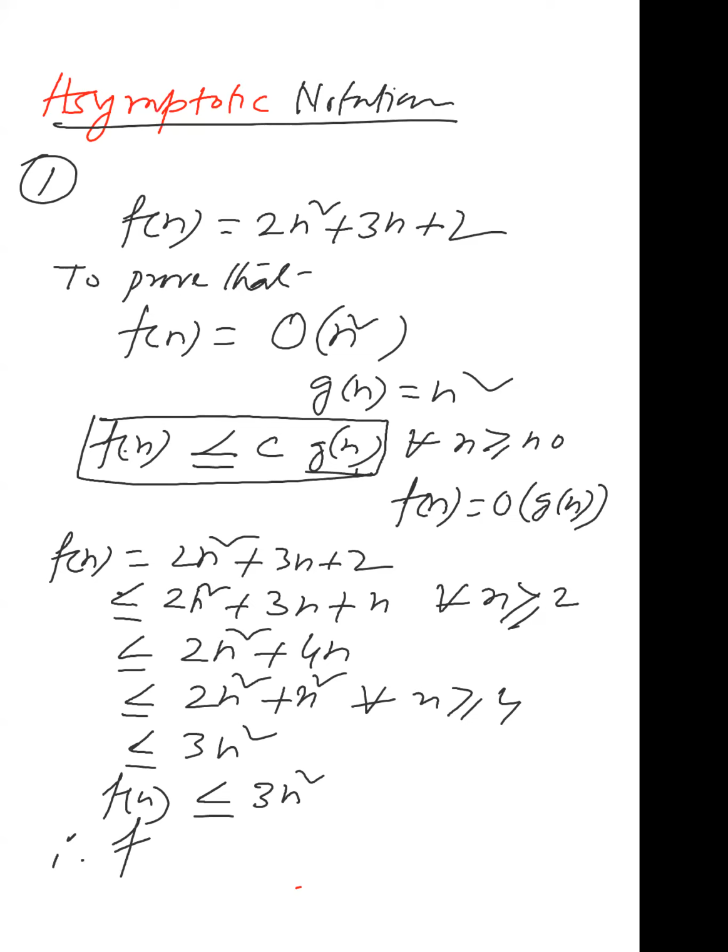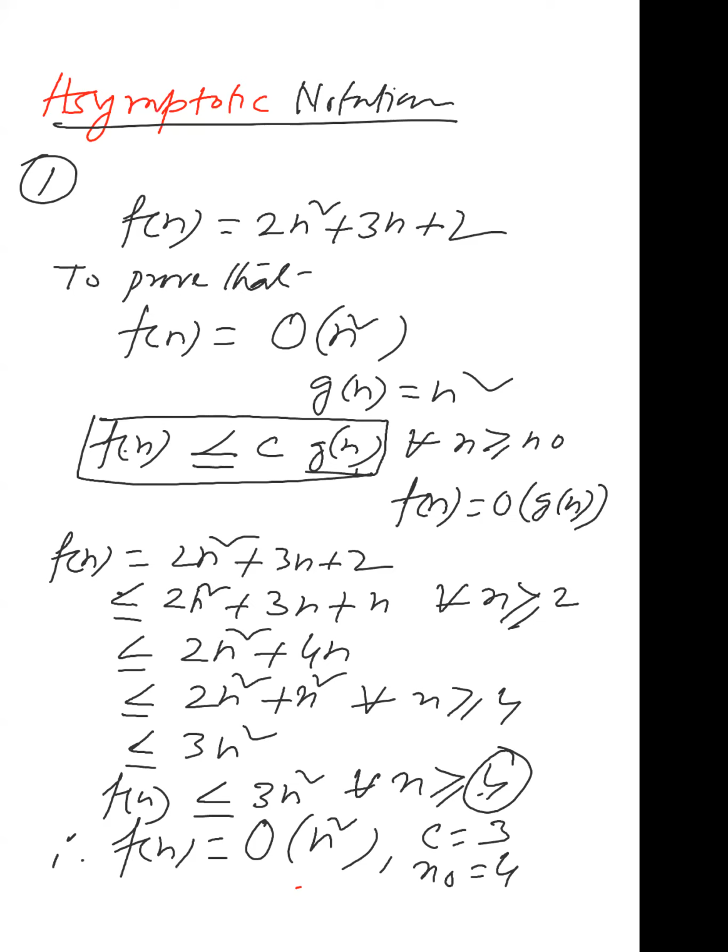Therefore we can write fn equal to big O of n square. This is true for fn less or equal to n square for all n greater than or equal to 4, where c is equal to 3 and the value of n0 is equal to 4.